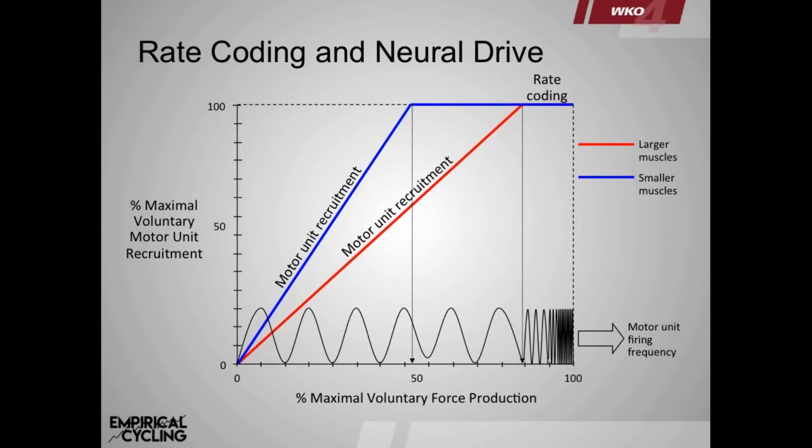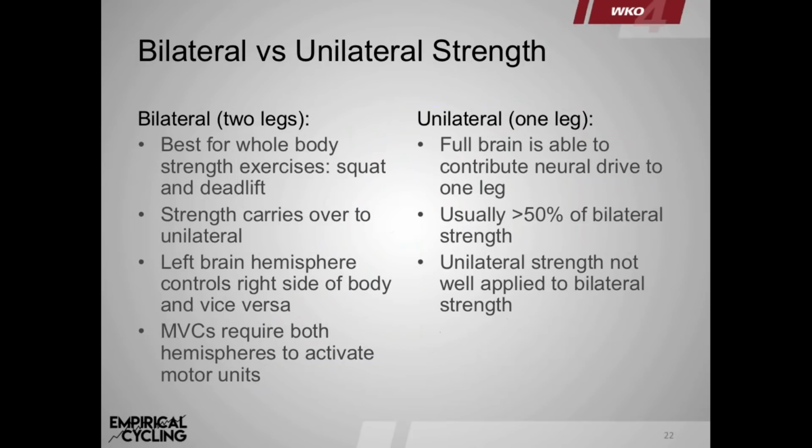So it's my personal philosophy to never really miss an opportunity to train that. And in a couple of slides, when I show you some lifts, I'll show you how I do that in the gym. But first, I want to talk about unilateral neural drive by talking about bilateral and unilateral strength.